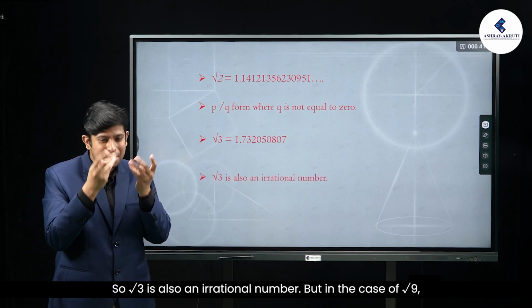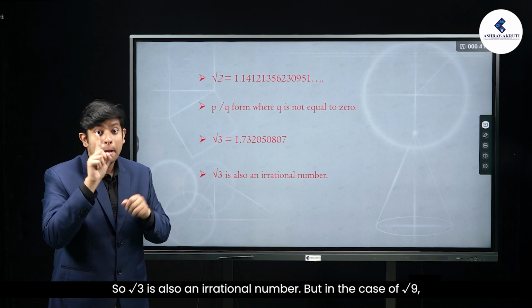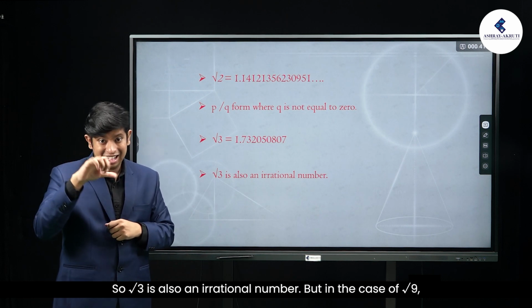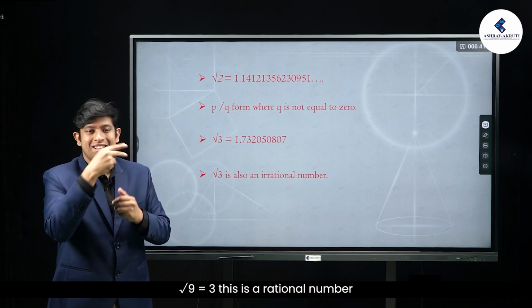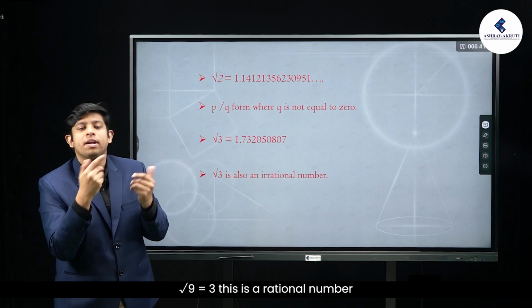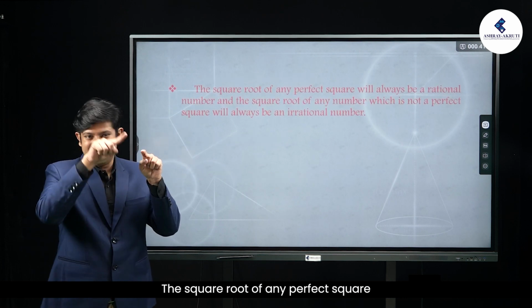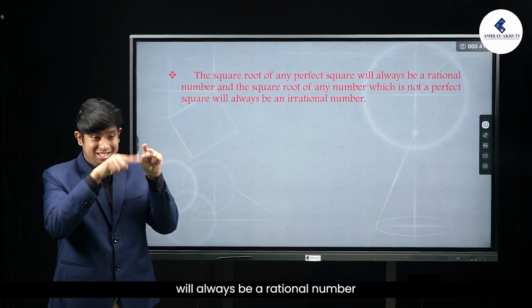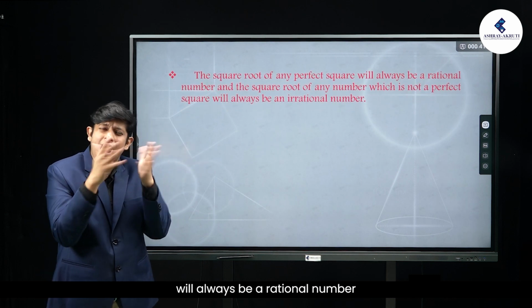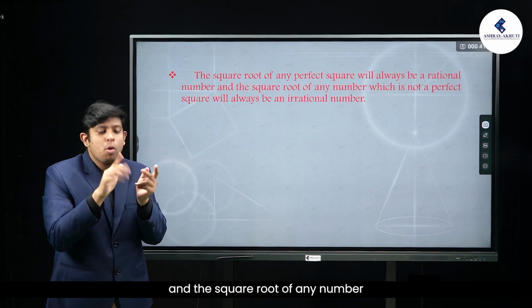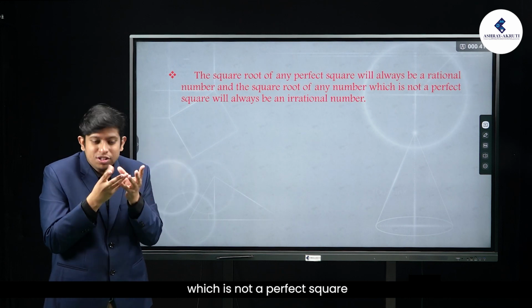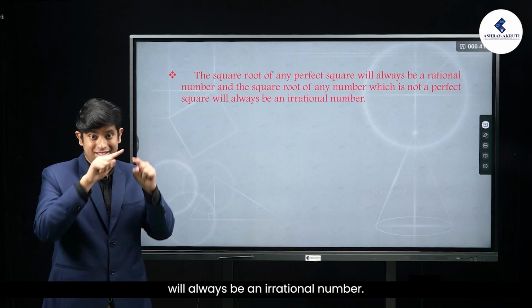So, root 3 is also an irrational number, but in the case of root 9, which is equal to 3, this is a rational number. The square root of any perfect square will always be a rational number, and the square root of any number which is not a perfect square will always be an irrational number.